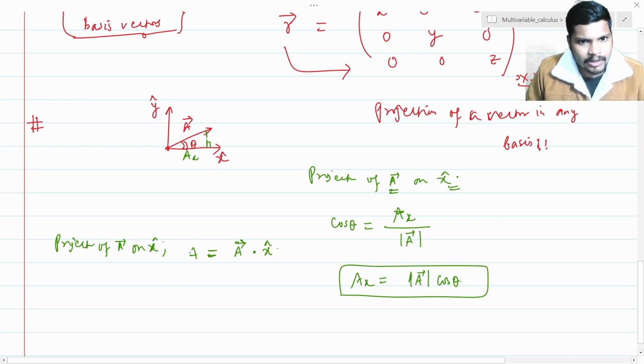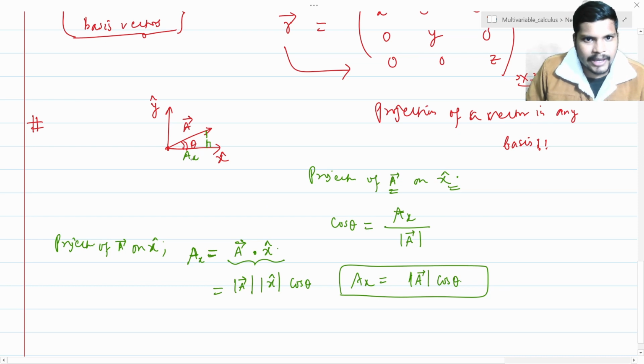The projection of a on x is a real quantity, so it cannot be a vector. So I can label ax as equal to a vector dot x hat, and we have to use the dot product concept. I hope you understand a few things: the magnitude of a, the magnitude of x hat, and the angle between them.